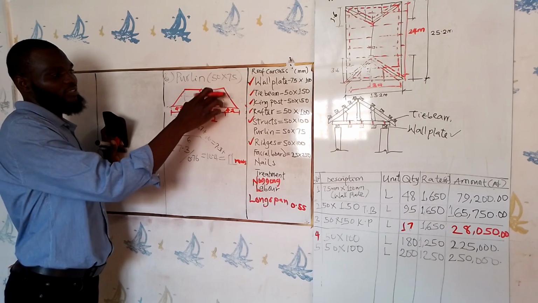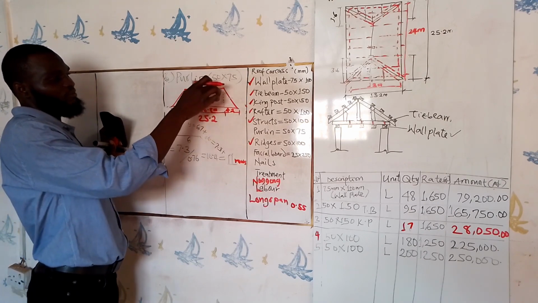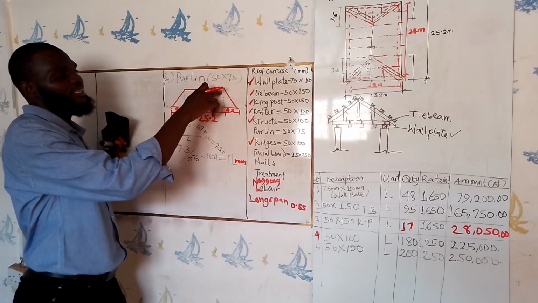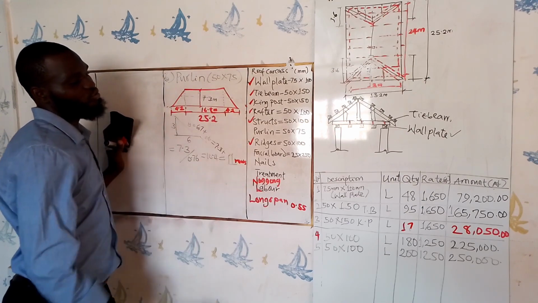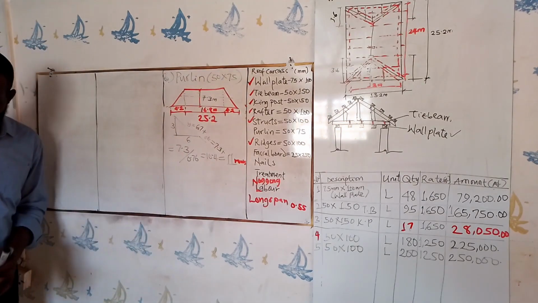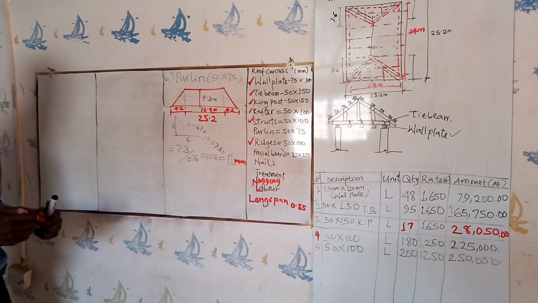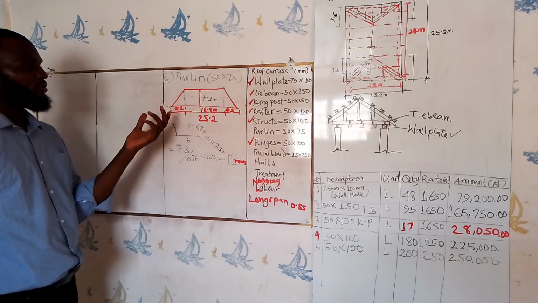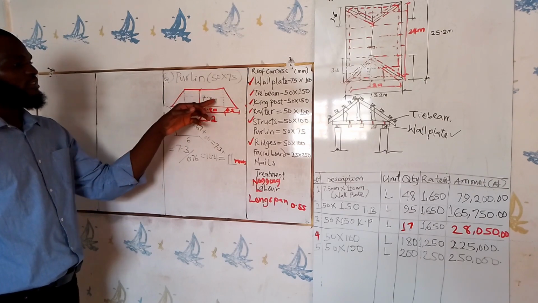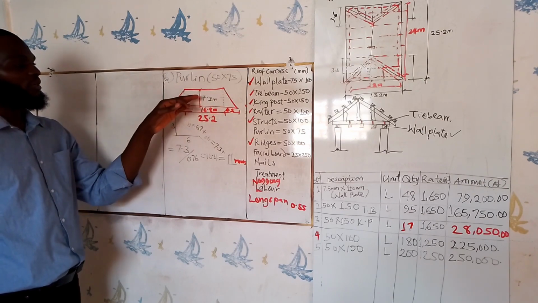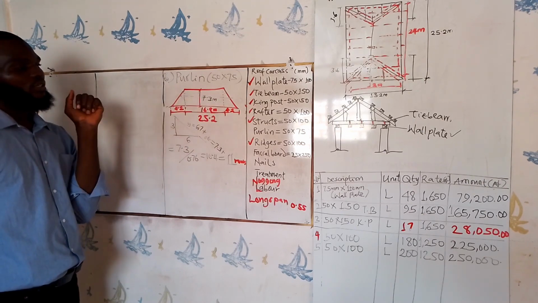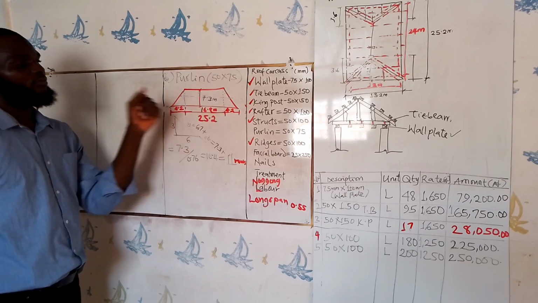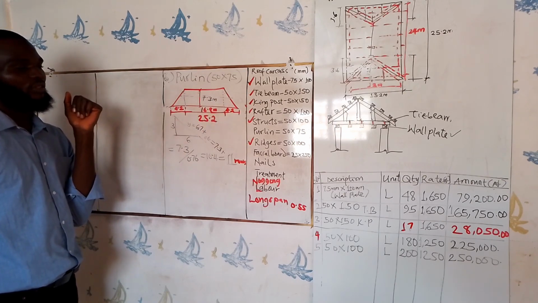While this right triangle has 7.3 height, 4.2 base. So we have two options to go now. The first one is to calculate the rectangle separately, then we'll do this triangle separately.